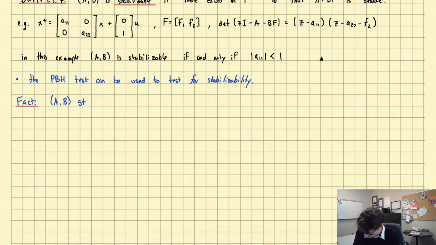AB is stabilizable if and only if every unstable eigenvalue of A is controllable.